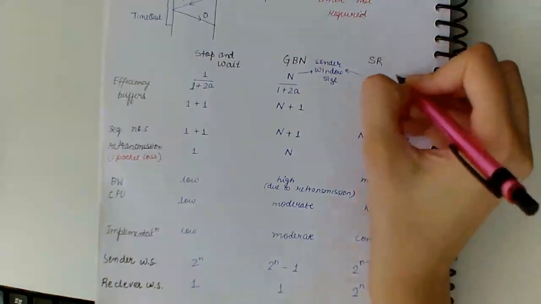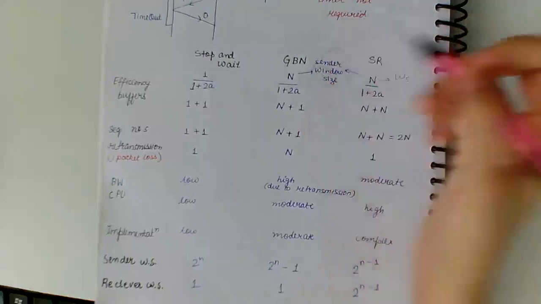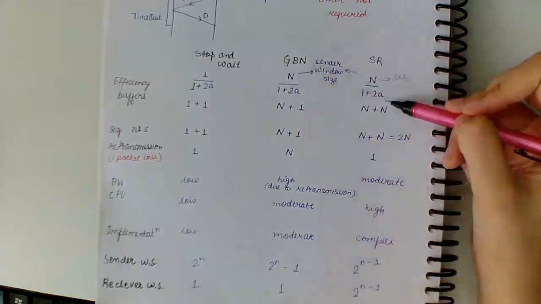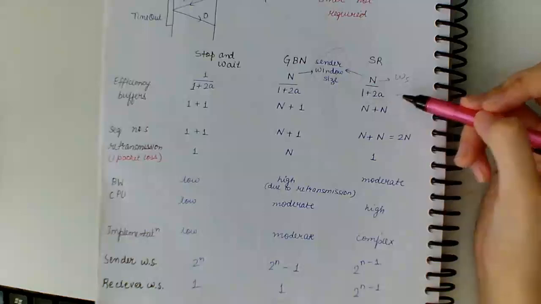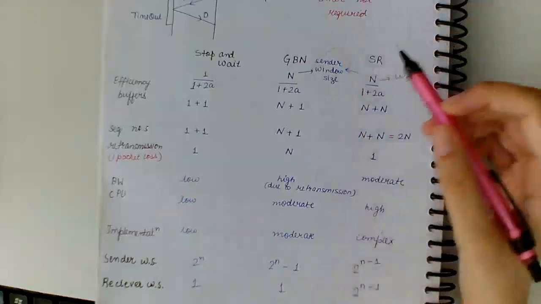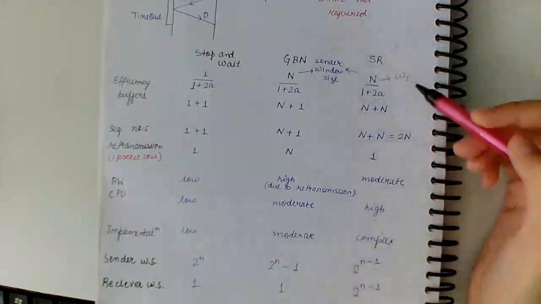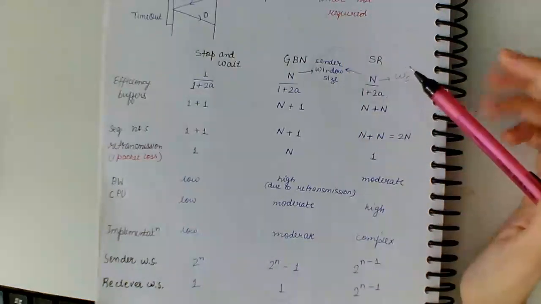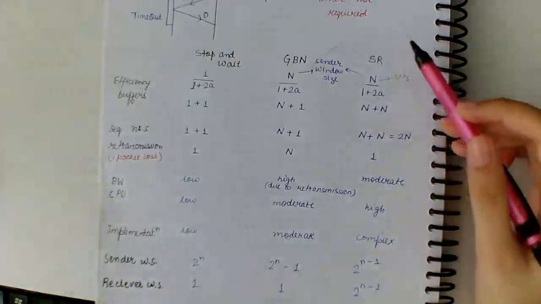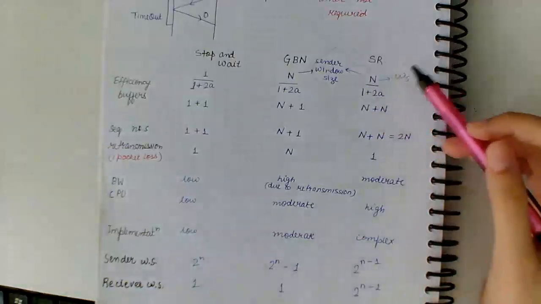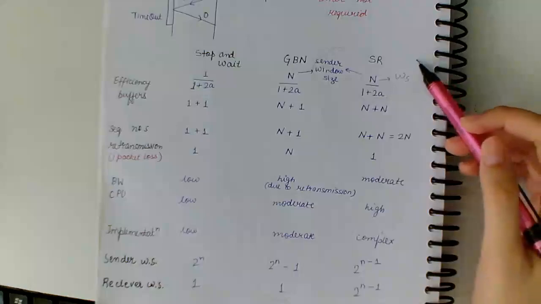This n stands for WS, which is sender window size, divided by 1 plus 2a, and a is the ratio of propagation delay divided by the transmission time.